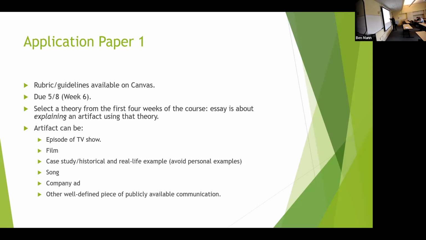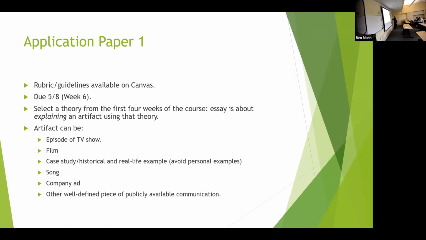What I really recommend, though, is avoiding the use of a personal example. For instance, I use symbolic interaction theory in my conversations with a friend. While that might be true, and I'm glad that you're thinking about theory in that way, the problem is that there's no way for an outside person to verify that example, right?